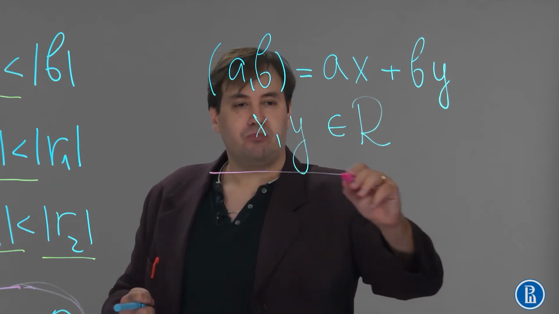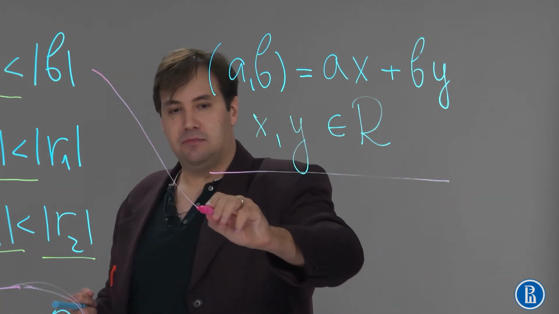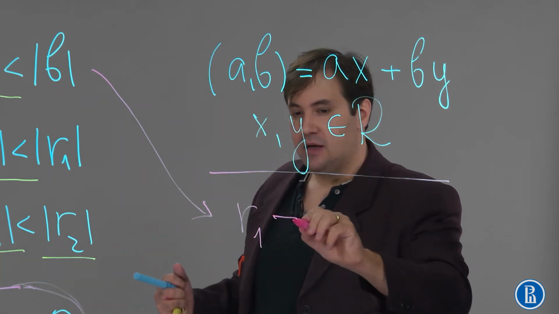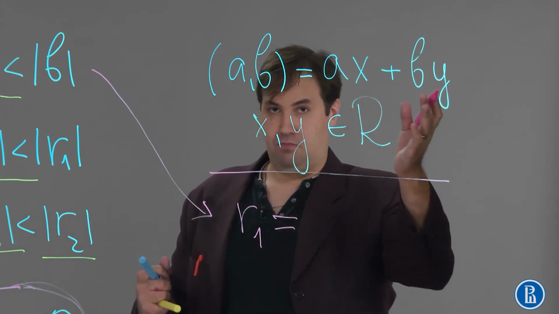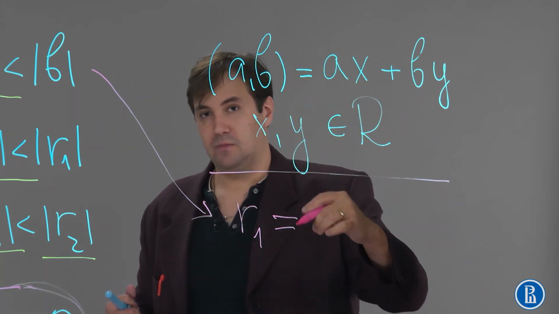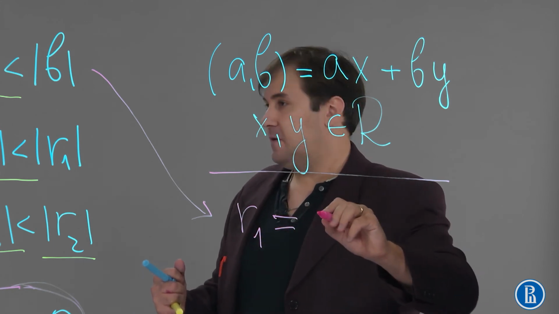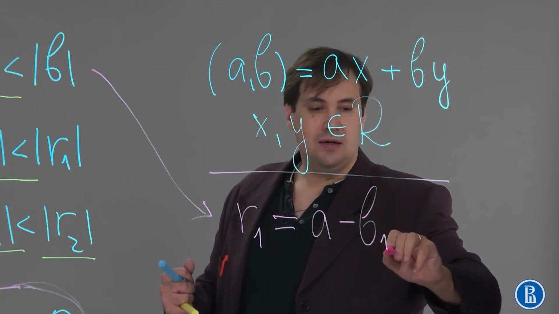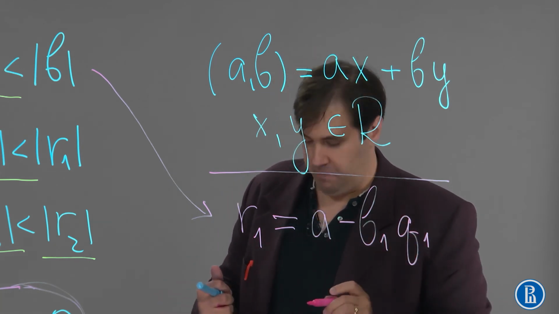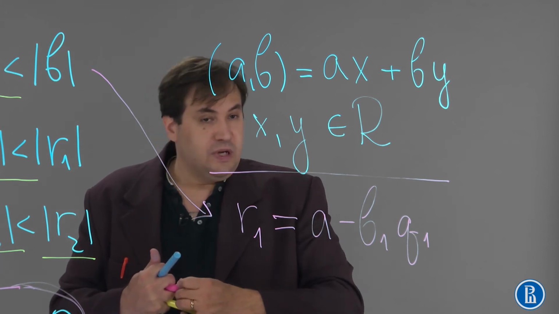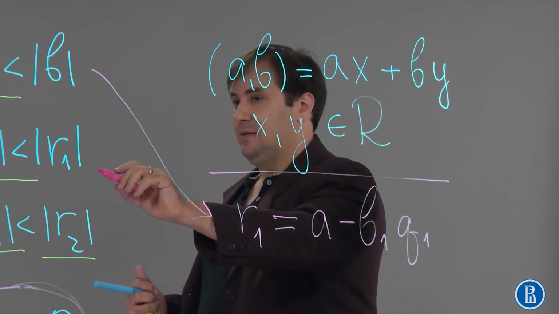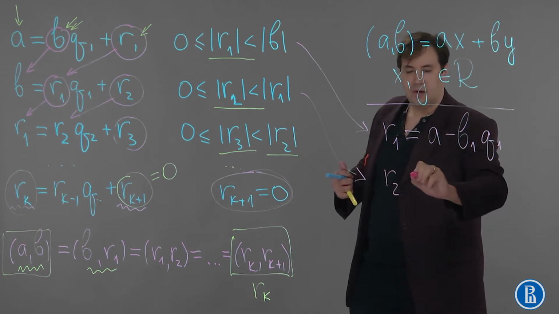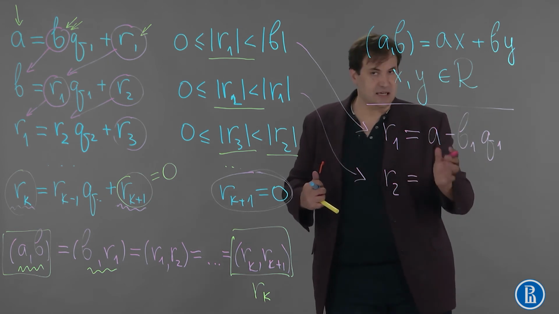First of all, notice that R1, our first remainder, can be represented linearly using A and B. So we have R1 is equal to A minus B multiplied by Q1. Okay, let's take the second remainder. What can we say about the second one?